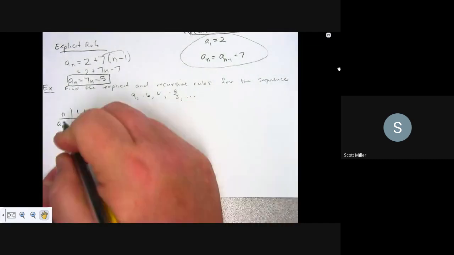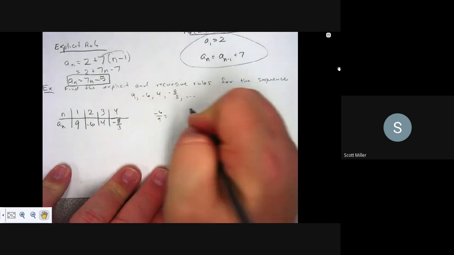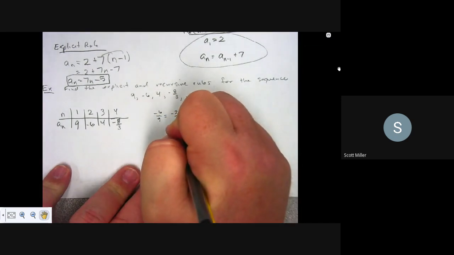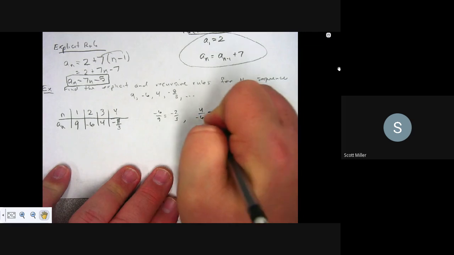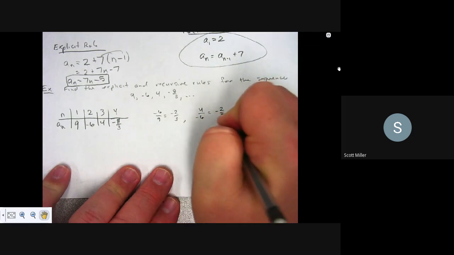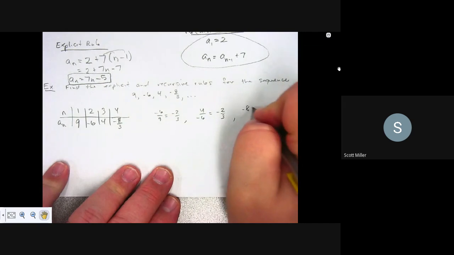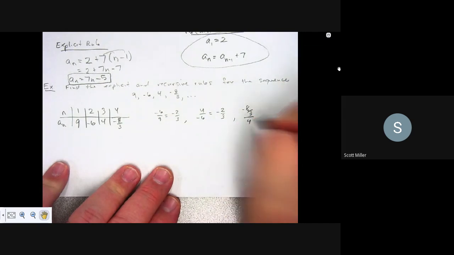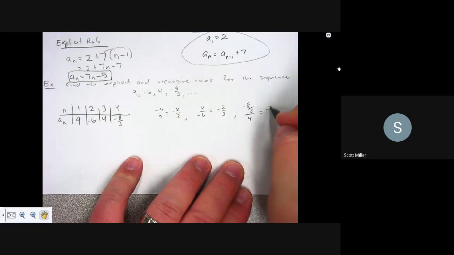So I can just take these consecutive answers, -6/9, reduce that, take 4 divided by -6, reduce that. It's looking like it might be -2/3. Take -8/3 divided by 4. And if I do the fraction work over here, you'll find out that this is indeed -2/3.